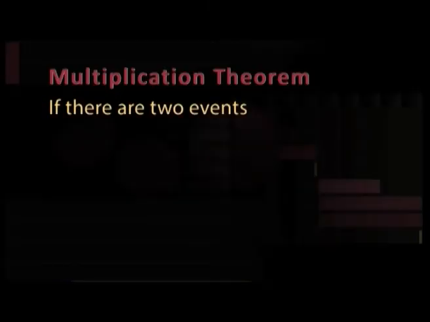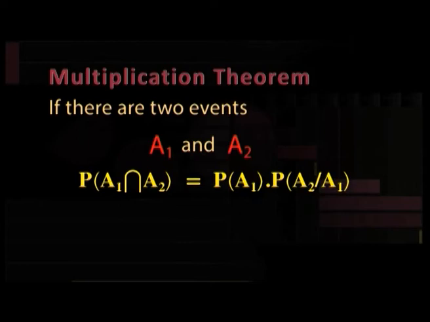If there are two events, A1 and A2, then probability of A1 intersection A2 is equal to probability of A1 into probability of A2 given A1. That is, the probability of event A1 and the probability of event A2, given that the event A1 has already happened.